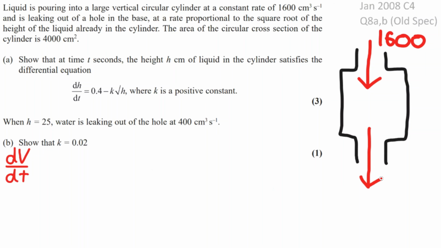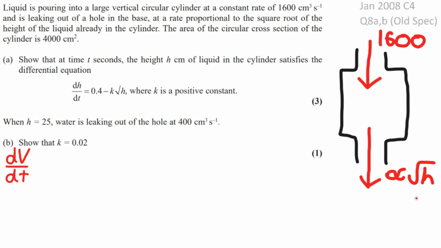So it's pouring out at a rate that is proportional, with this proportional symbol here, to the square root of the height of the liquid that's already in the cylinder. And we're told in this question that the height of liquid in the cylinder can be represented as h here, so it's proportional to the square root of this h value here, so the square root of h.